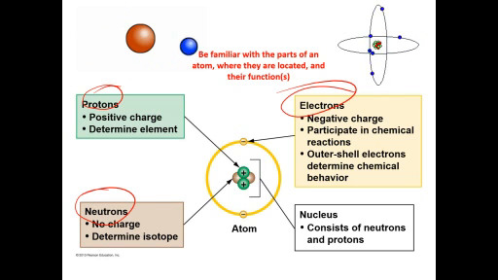Okay? The neutrons, as the name implies, are neutral. No charge. But they determine the isotope level of a particular atom. So think about this. You have isotopes of hydrogen. You have isotopes of carbon. You have carbon 12, 13, 14.